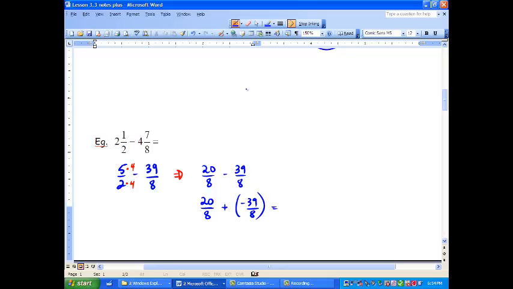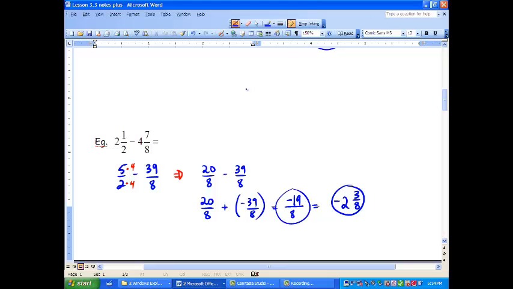Put your fingers over the 8s. And then 20 plus negative 39, we're adding negative. So 39 is bigger than 20, and we're going to get negative 19. And we can put that into a mixed number and ask ourselves, how many times does 8 go into 19? And we get negative 2 and 3/8.